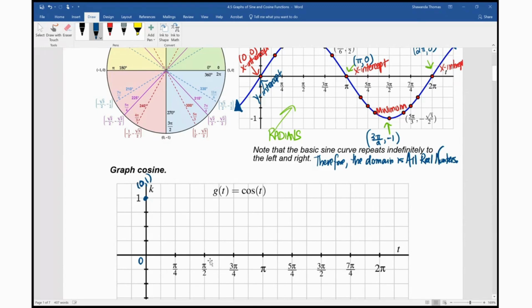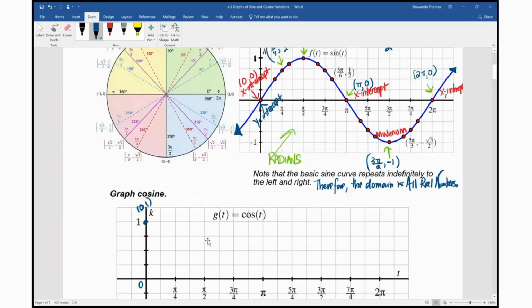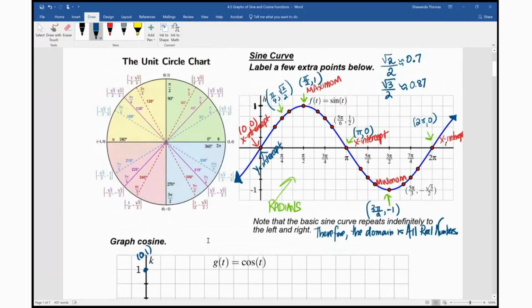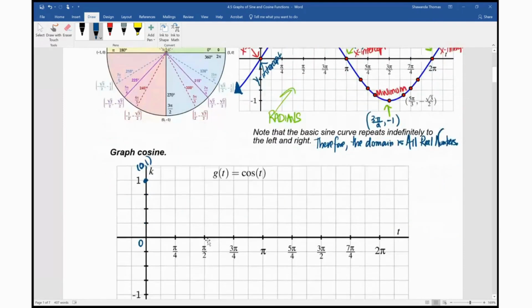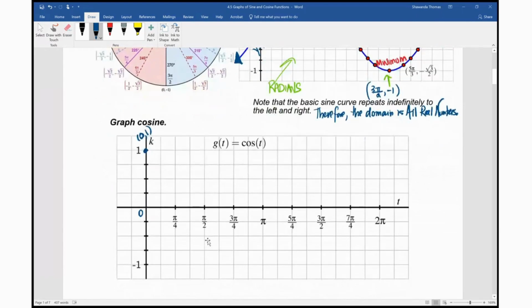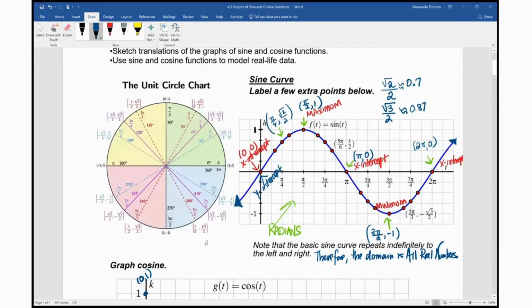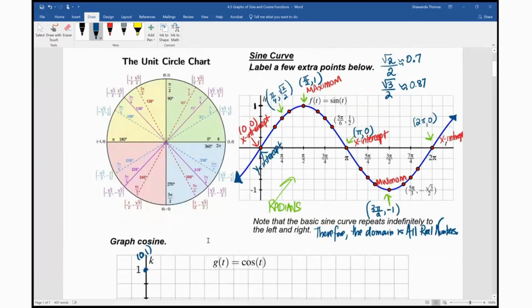What is another good radian we can use that's nice for cosine, that won't give us a complicated decimal? Give me another radian on the unit circle that the number is nice and whole. Pi over 2.